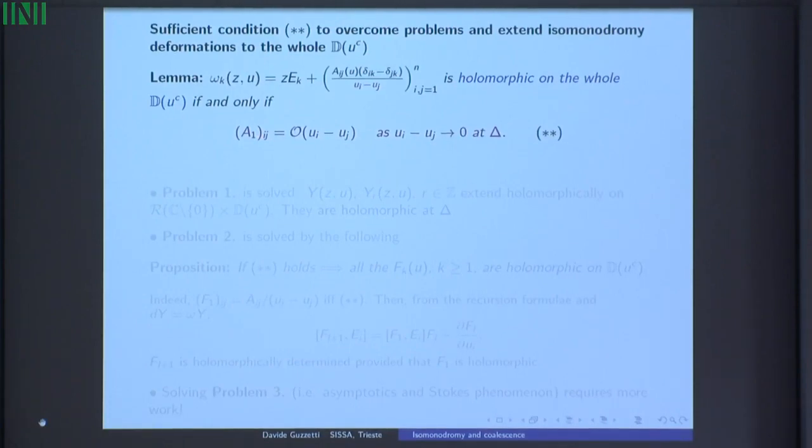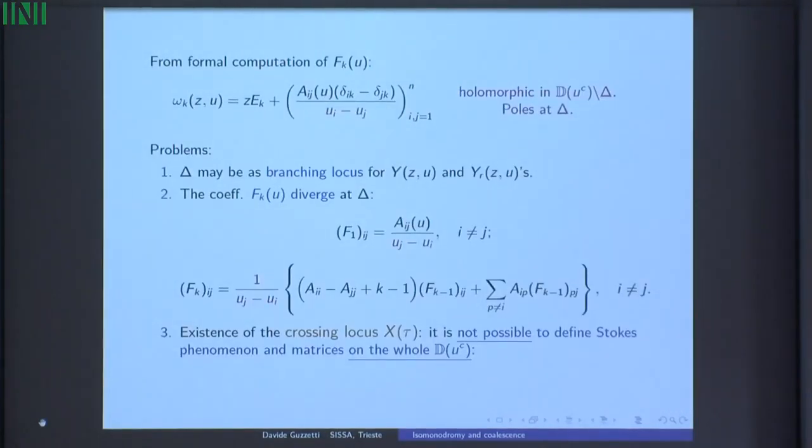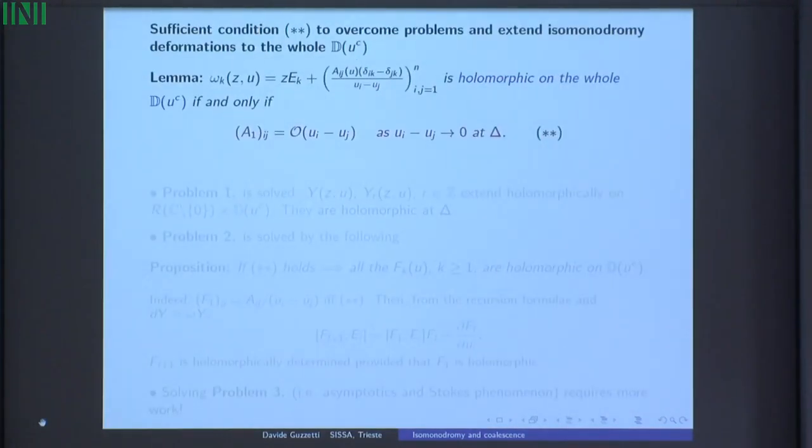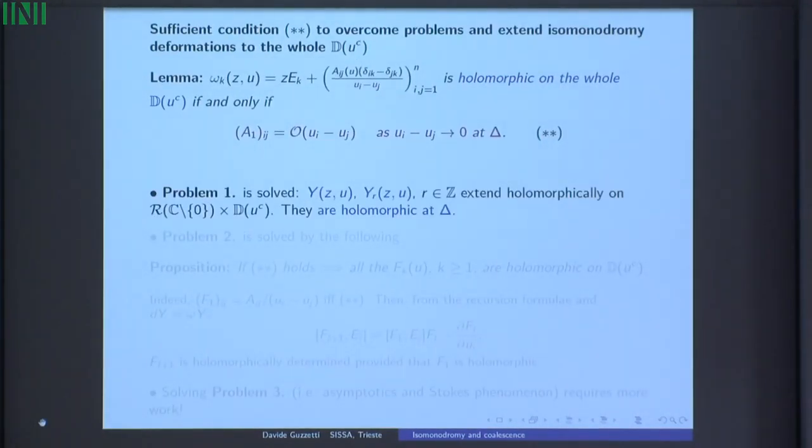Our matrix A is not 0 in general, but suppose that it vanishes there. In that case, problem number one, namely branching, is immediately solved because we have a Pfaffian system with holomorphic coefficients. This is an easy problem to solve. We can extend solutions to the universal cover of C minus 0 across the whole polydisk.